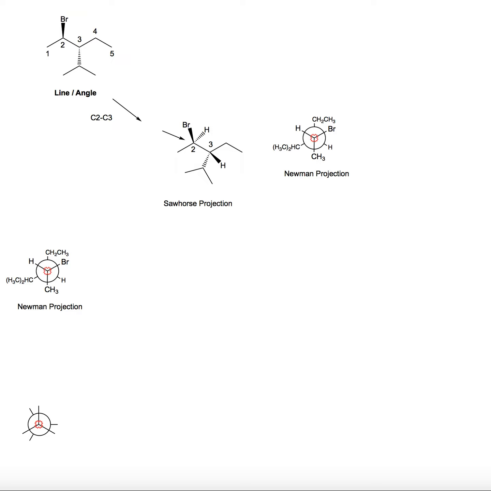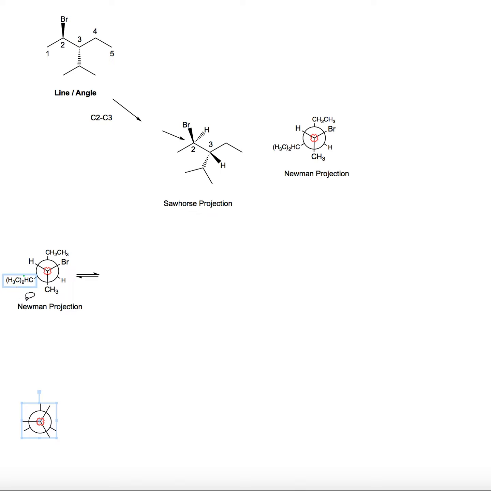For example, let's keep the back carbon fixed and rotate the front carbon. So if we rotate the front carbon 60 degrees to the right, this hydrogen is going to come here in eclipse.